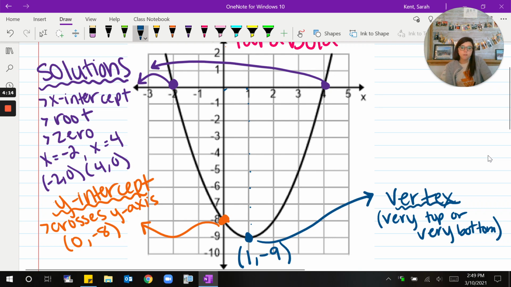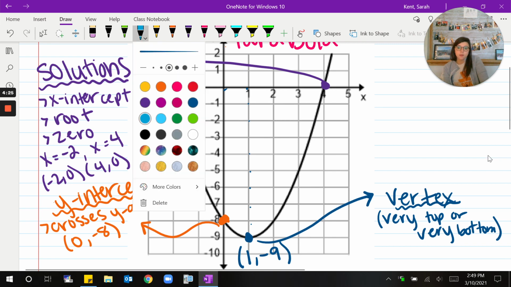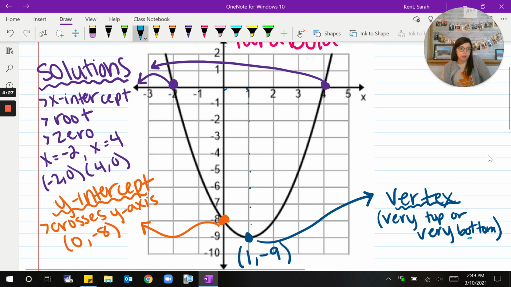So here, our vertex, since this is at the bottom of the graph, our vertex is called a minimum. So since it's at the bottom, we have a minimum.